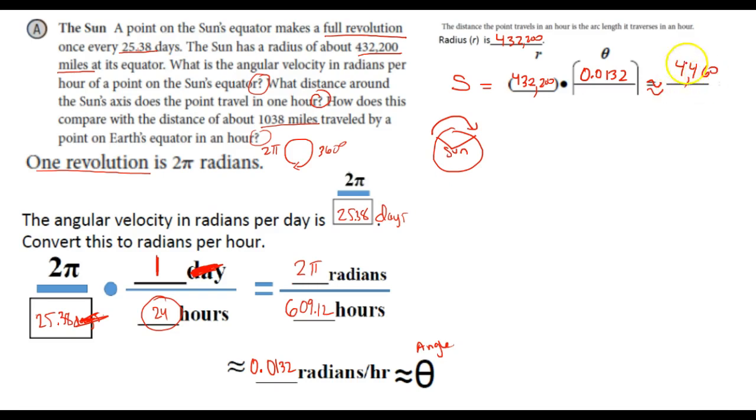So that's the sun's time to get around the Earth, whereas for the Earth's rotation, it is about 1,038. Well, which one's more, the sun's or the Earth's?